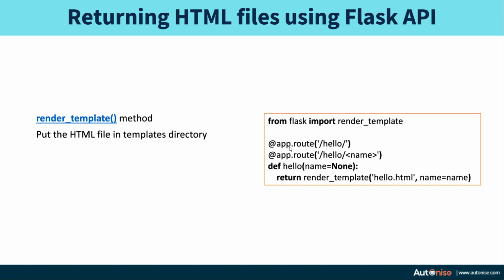Over here, we specify app.route slash hello as well as slash hello slash name to the same function, where we are using the render_template function provided by Flask to return a hello.html file. This hello.html file has already been generated and it is kept inside the templates directory. So wherever your code is, create a templates folder beside your code and put a hello.html file inside of it.